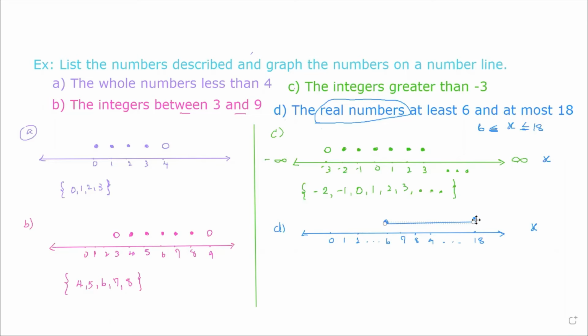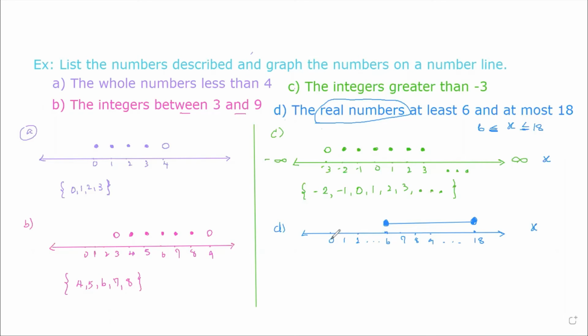We use one line because the values between, for example 6 to 7, will have decimal points or fractions, right? Like 6.01, 6.05, something, or in fraction form, that's included. So we use the line to represent. Okay, and this is 18, this is 6 included.